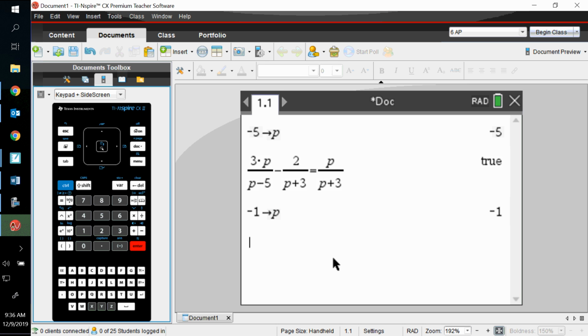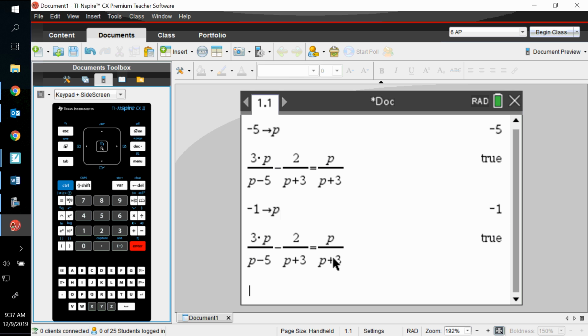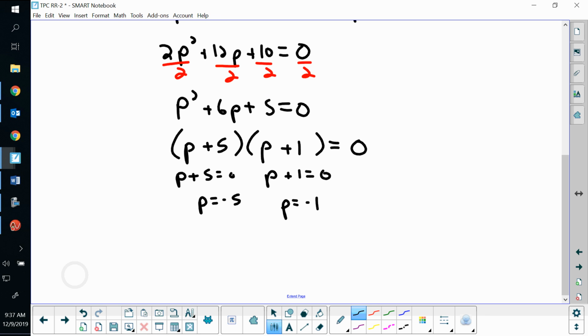Store is control and then variable right above the 9. Now, just to make sure we're okay with this, once you have already done 1, notice I've now stored the -1 for p. Don't retype the fraction in. Just go up and highlight it, hit enter to bring it down, and hit enter again, and that will check it for us. So both the -1 and the -5 checked out. So both those answers are keepers.